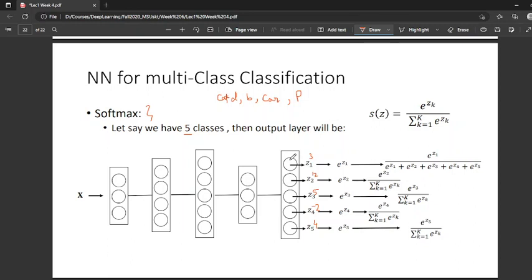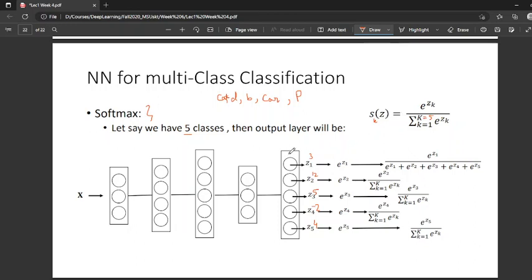So what happens with this softmax? I think it should be written as S_k for the kth class. We have this capital K, the total number of classes, so the value of capital K is 5. So how does this softmax function help with classification in a multi-class problem?